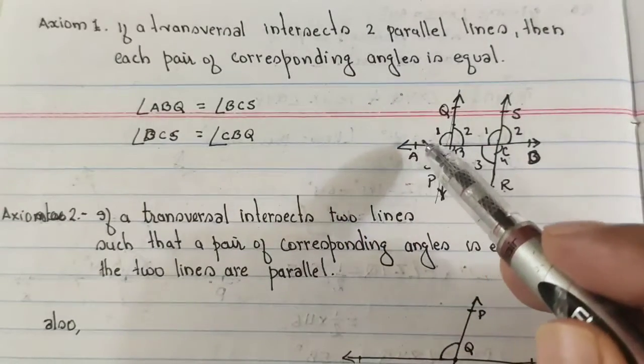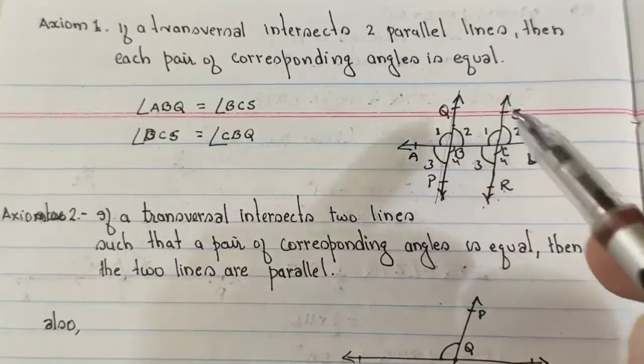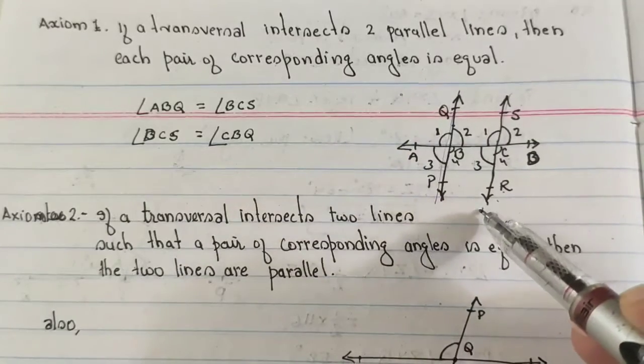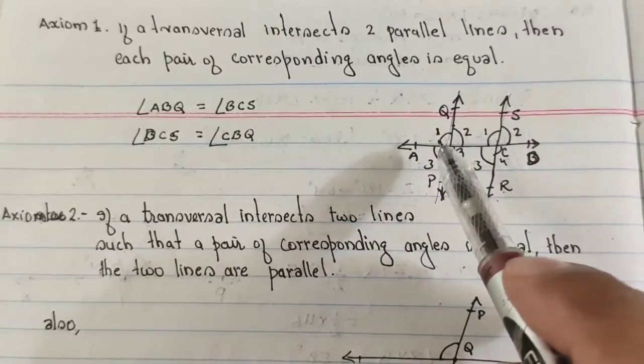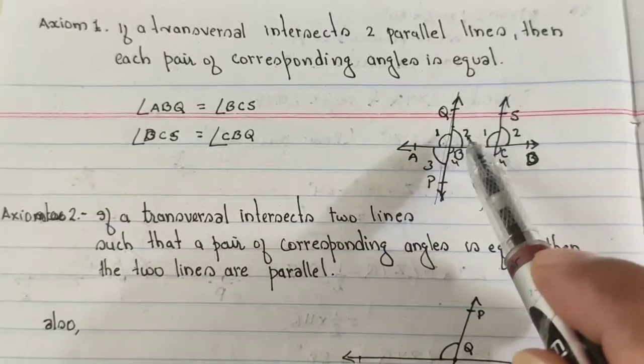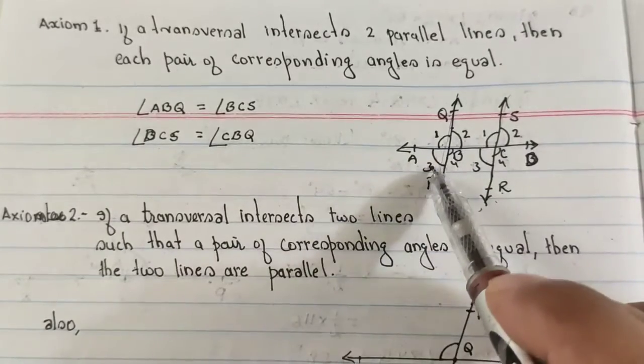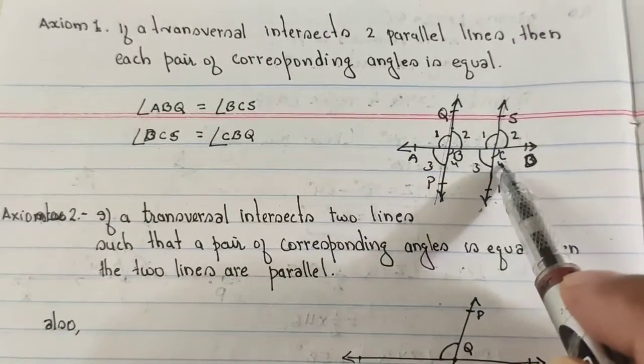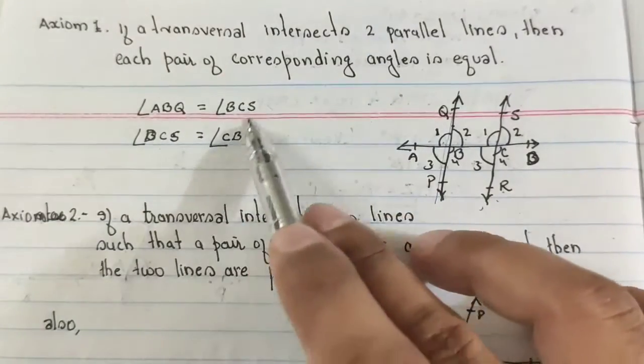If your transversal is intersecting two parallel lines, then your corresponding angles, this 1 and 1, 2 and 2, 3 and 3, 4 and 4, are equal.